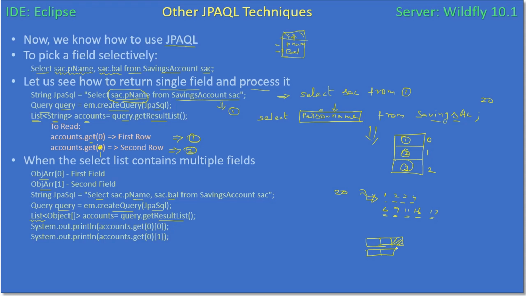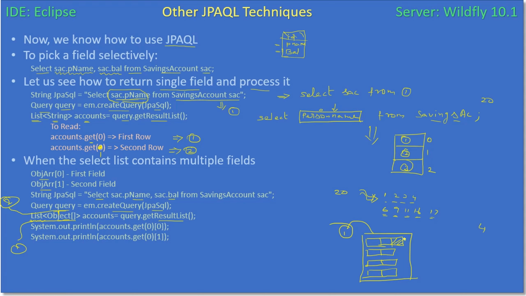and a second object array. If this query returns 4 rows, there will be 4 object arrays, and all these 4 object arrays are collected in a list. So this is the entire list, and it is a list of object array.